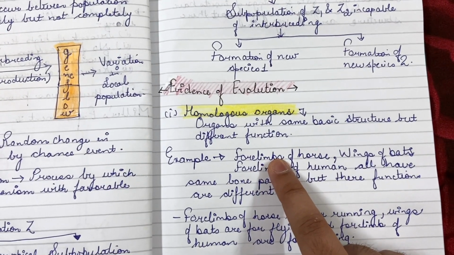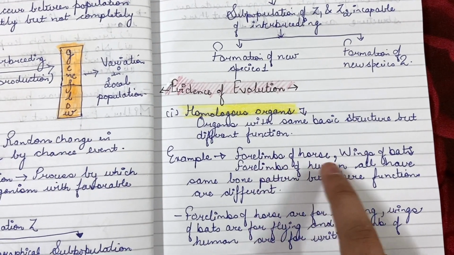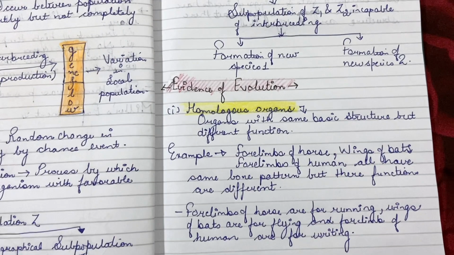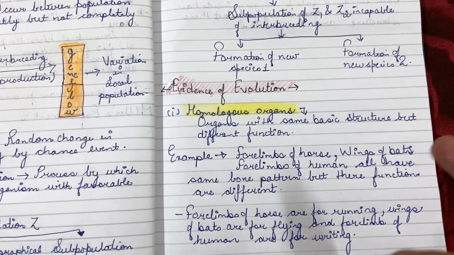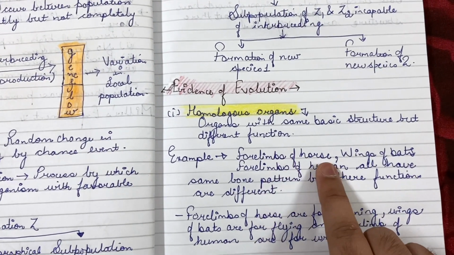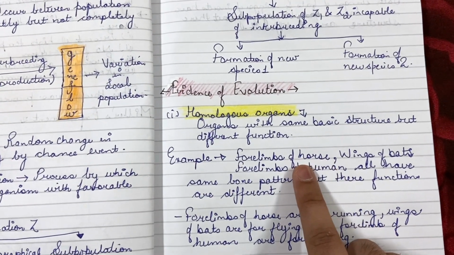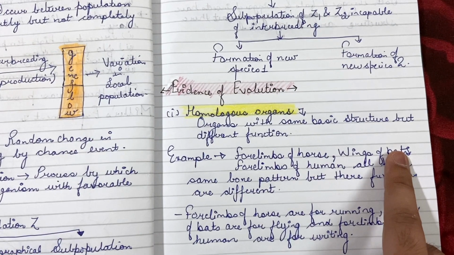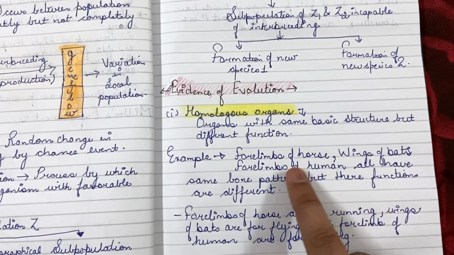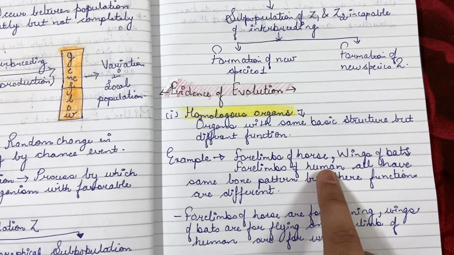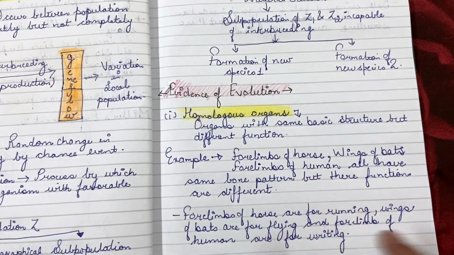Whether it is the forelimb of a horse, wings of a bat, or forelimbs of a human, they have the same basic bone pattern but their functions are different. The forelimb of a horse has the function of running, wings of a bat have the function of flying, whereas forelimbs of a human have the function of writing.